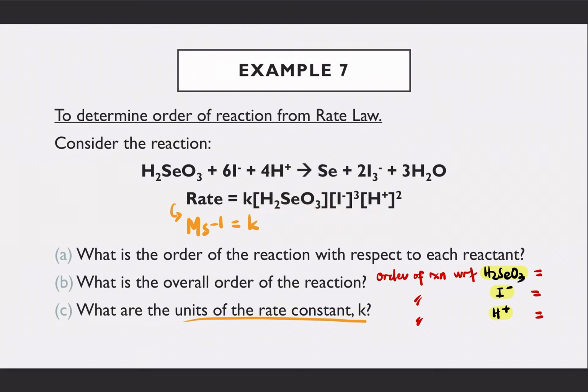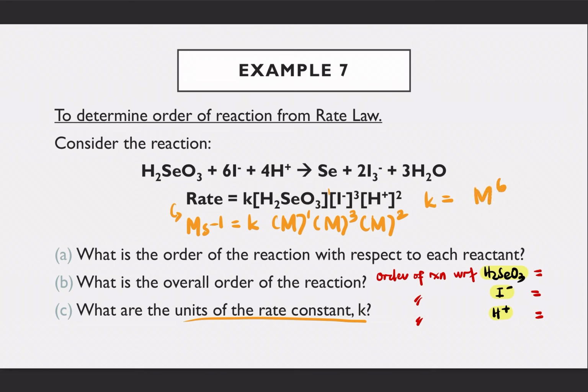This one will be to the order of 1, so this will be 1. And then you have I minus, it will be molar as well, but to the power of 3 for the order. And then H plus, it will be molar, because concentration, to the power of 2. So from here, you just do the maths. To find K, add 1 plus 3 plus 2, you get 6. M to the power of 6.